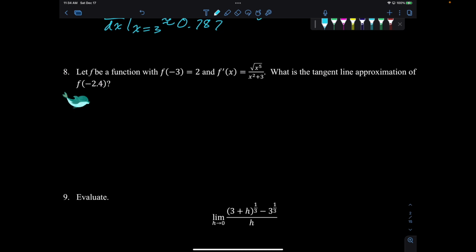So my tangent line is going to be y minus f of -3 equals f prime of -3, times x plus 3. -2.4 is really far from -3 as far as tangent lines are concerned, but that's the problem, so we don't need to worry about it.